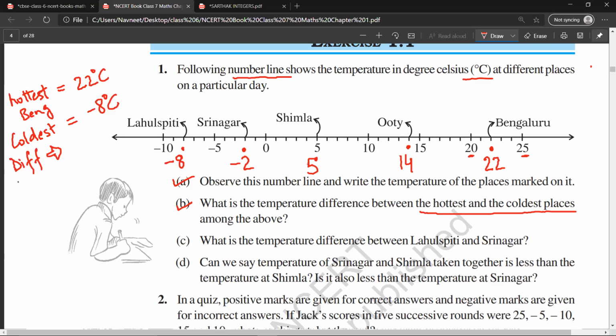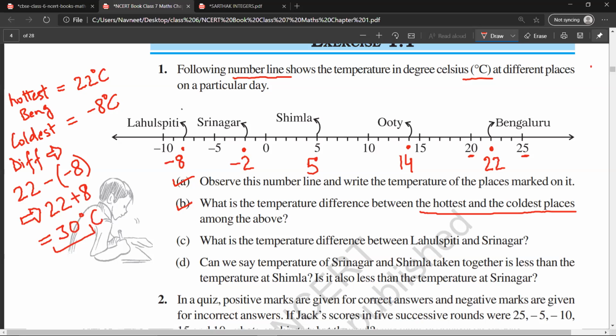How will you find the difference? What will be the answer? +30, because I can write this as 22 plus 8, and this will be +30. Sarthak, have you understood? Yes, sir.